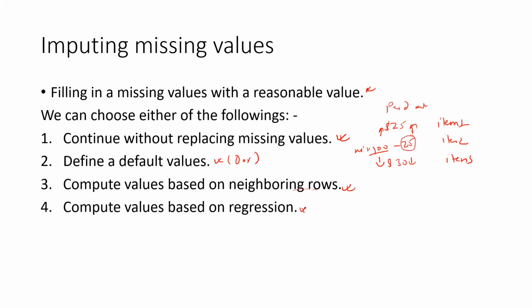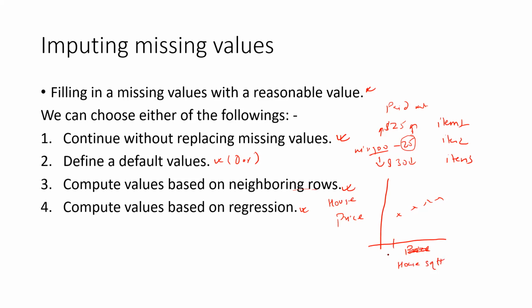The fourth one is based on regression, like we studied, right? So we have values here. This is my price of a house, let's say for example, and this is the square feet of the house.